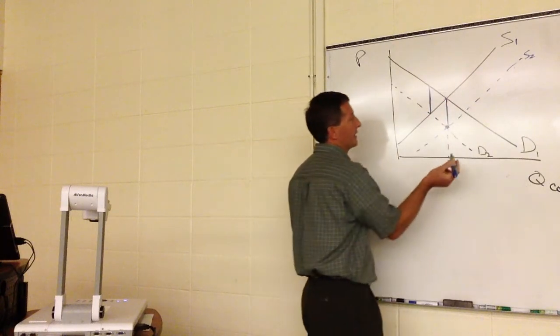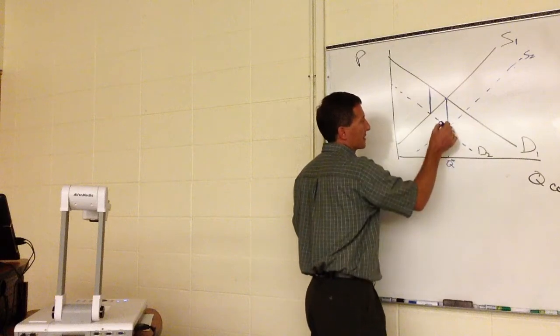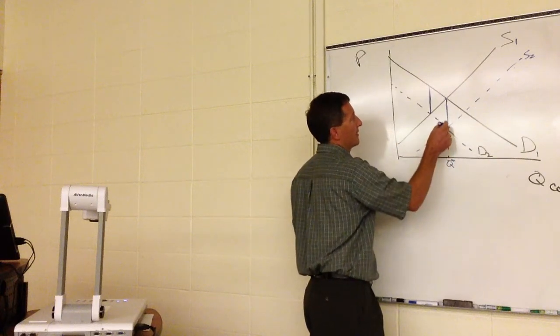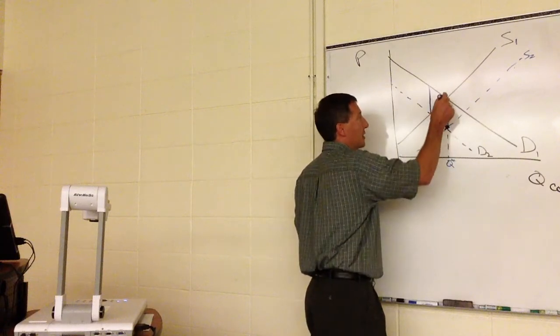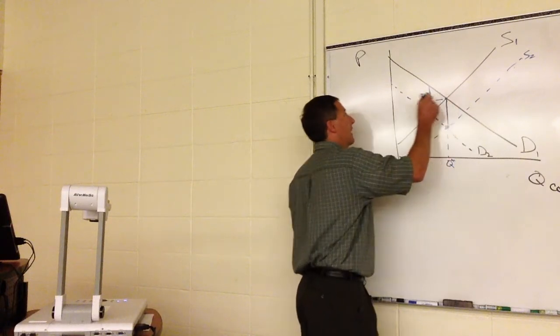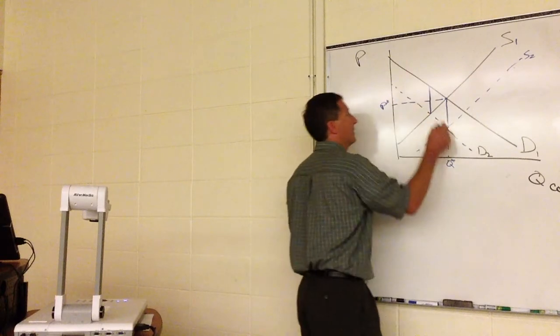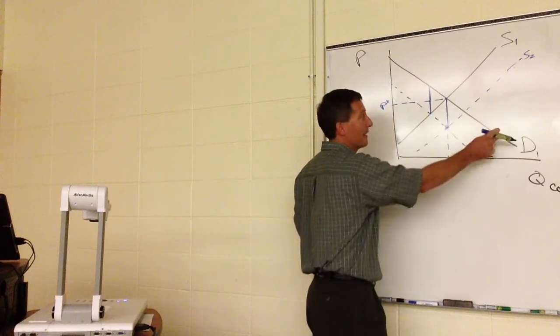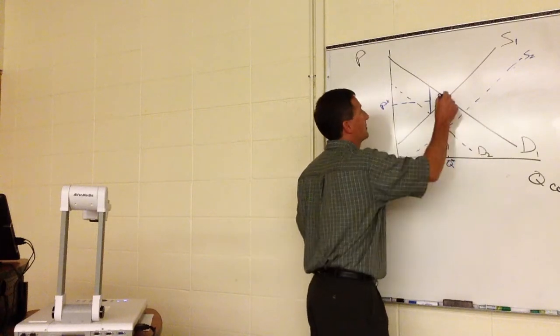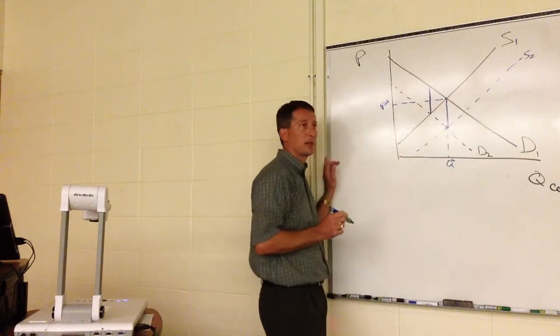And then at this quantity, the real price received by the producer is, you go up to the supply curve. The real price paid by the consumer, you go up to the demand curve, same thing.